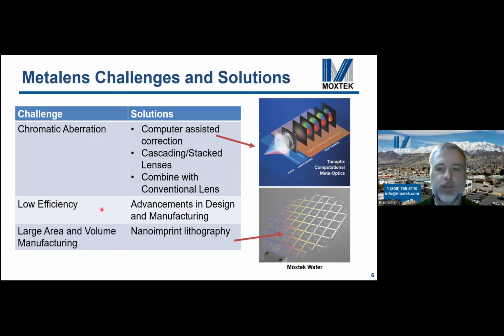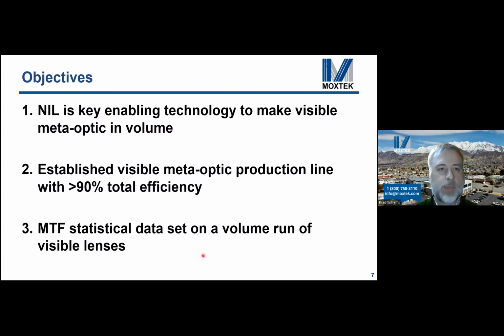The efficiency is not as good as conventional lenses, but that's improving with better designs and better manufacturing. But one of the big benefits is you can make these in high volume. This is an example of one of our production replicated wafers. There are over 1,000 lenses on this 8-inch wafer. You can do that in high volume, so you can make a lot of lenses with just a few wafers.